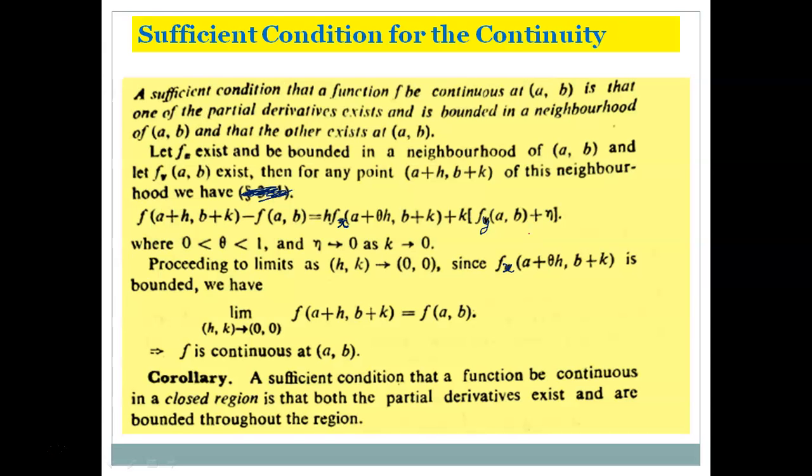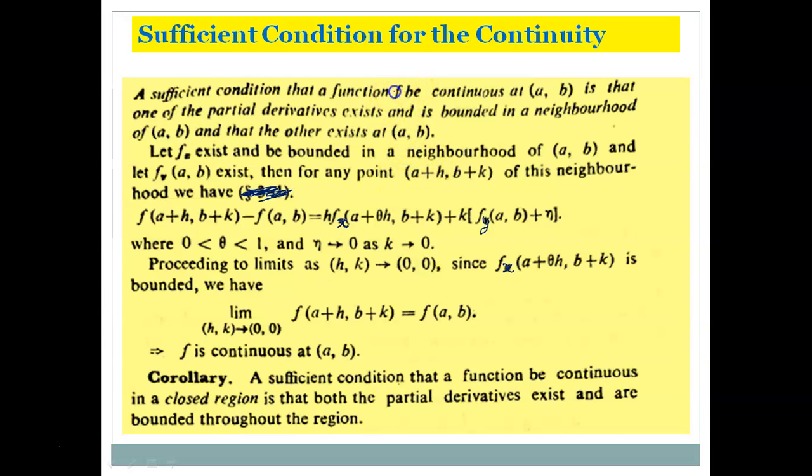Now let us discuss the sufficient condition for the continuity of a function of two variables. As we have already explained in the earlier lecture, in the case of a function of two variables, the existence of first order partial derivatives doesn't imply the continuity of the function at the same point.